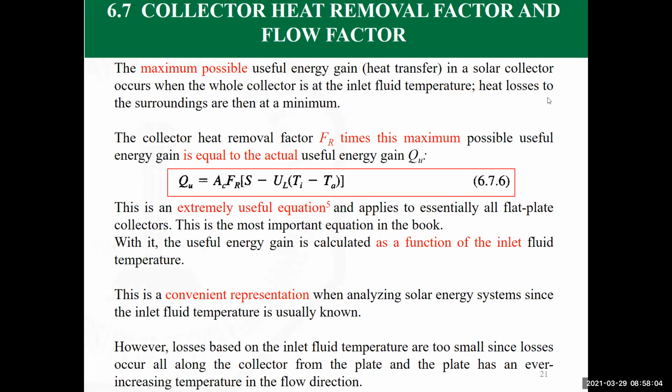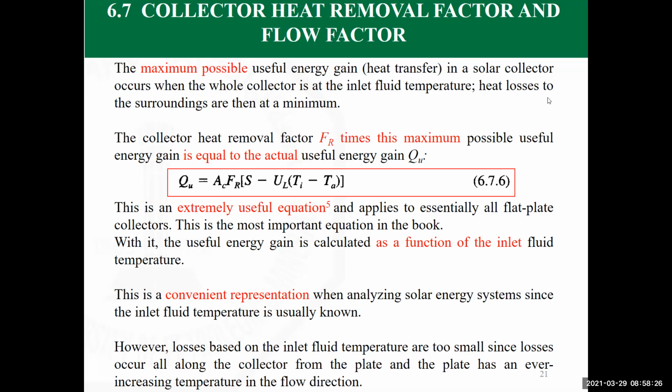The maximum possible useful energy gain, or heat transfer to the solar collector, is going to occur at the inlet. The inlet fluid is at the lowest temperature, and this is the highest heat transfer rate that you can get. And then we have heat losses, which are reducing this amount of gain.